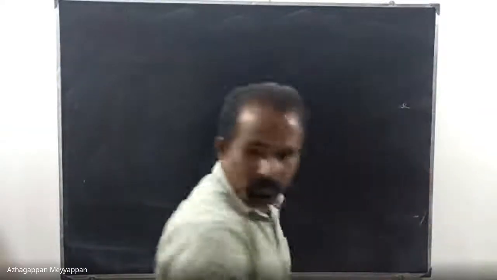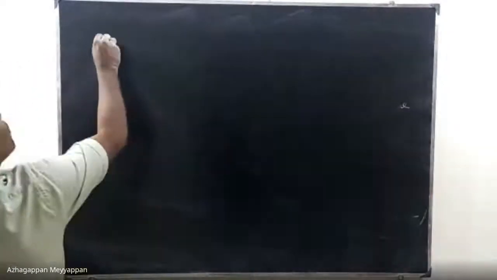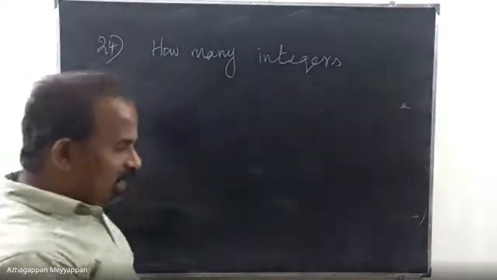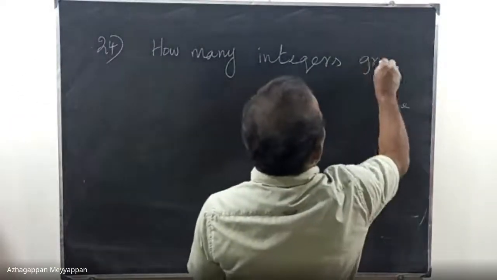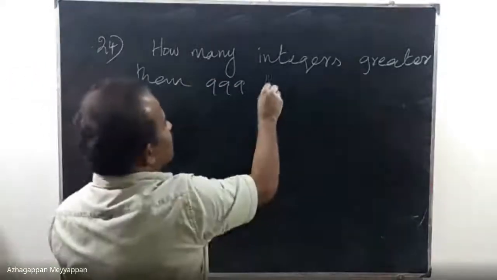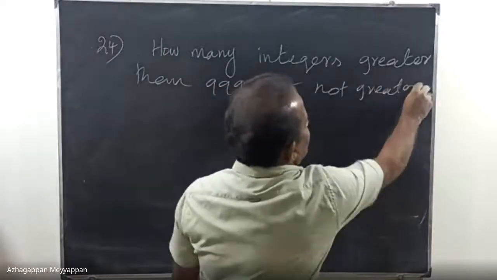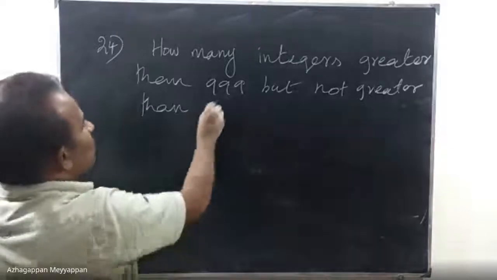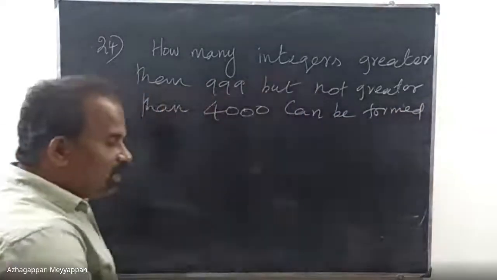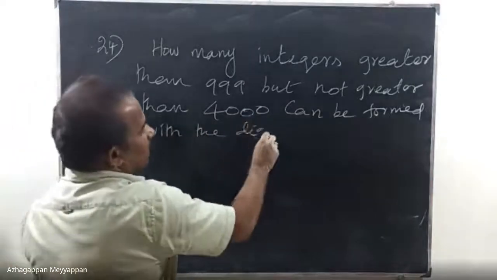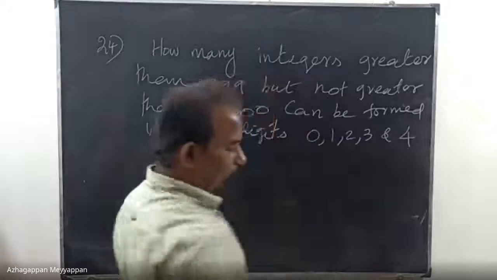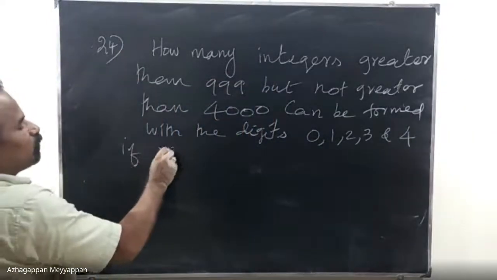Next question is, how many integers greater than 999 but not greater than 4000 can be formed with the digits 0, 1, 2, 3 and 4 if repetition of digits is allowed.